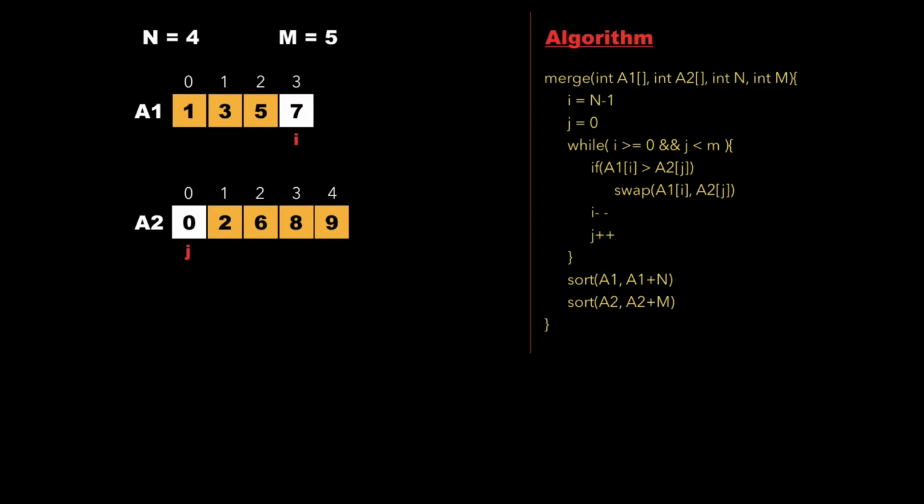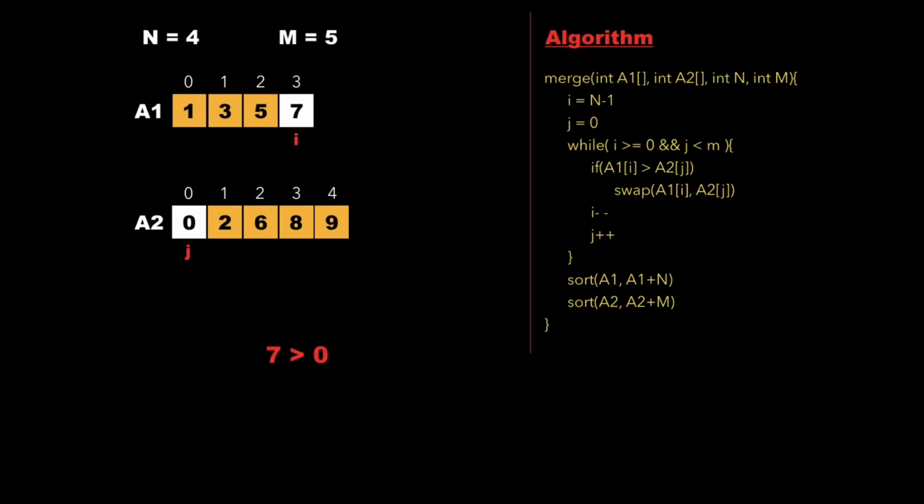At each iteration we check whether A1 of i is greater than A2 of j. If so, we swap the contents of A1 of i with A2 of j. That is, we check whether the element at the ith location of A1 is greater than the jth location of A2, and if so, we swap both elements, and then we decrement i and increment j.